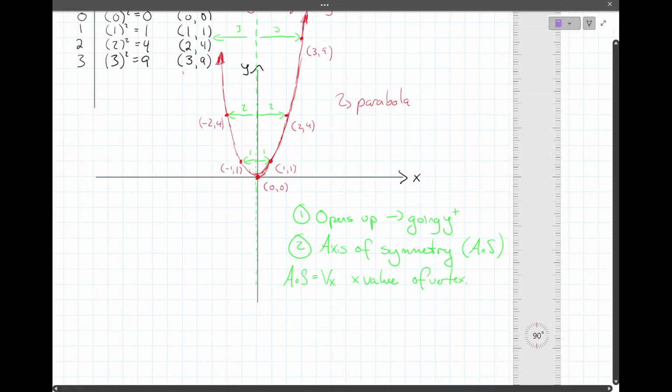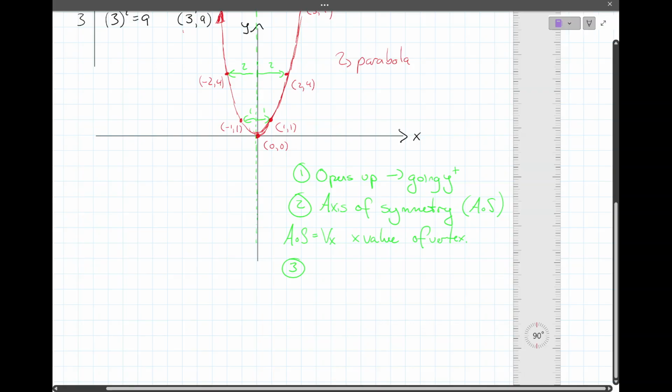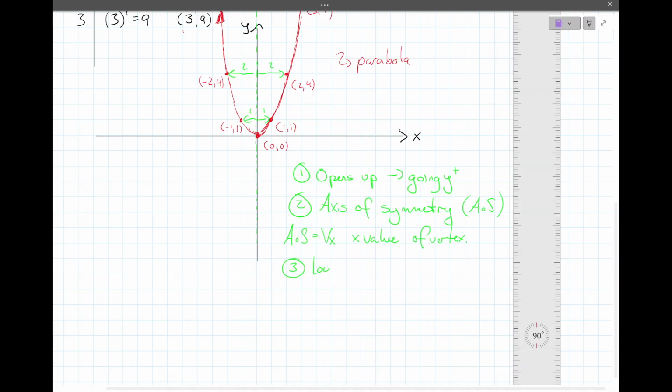Further, what else is happening here? We do talk about the vertex. The vertex is going to be the lowest or highest point. A point is kind of like a turn or corner, where it goes from one arm to the other arm.